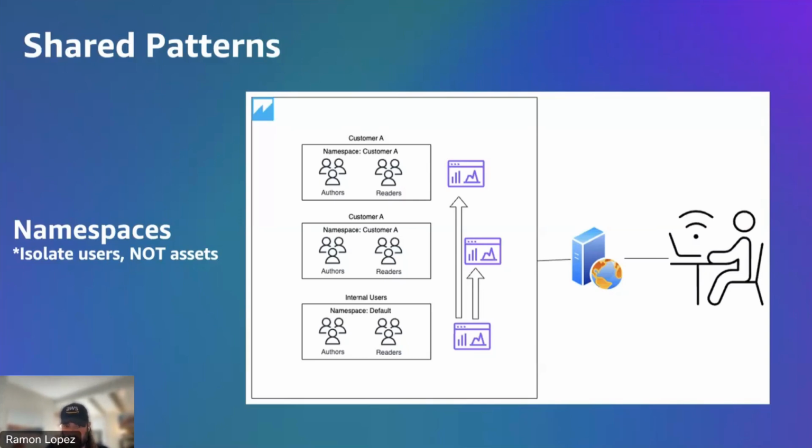So in this approach, how we recommend doing it is you have your internal users build out the dashboards, and then you can have tooling, automation, that is going to publish or recreate those assets for the different users in different namespaces. Or they can all leverage the same dashboard across the different namespaces. So the assets can be shared, or you can recreate assets specific for the different customers in different namespaces.